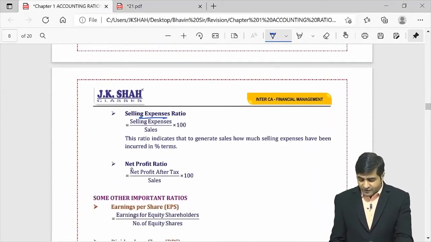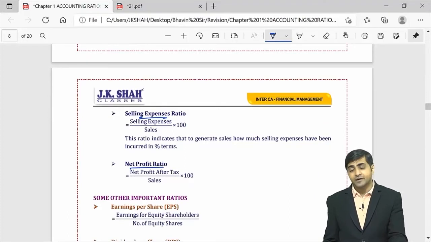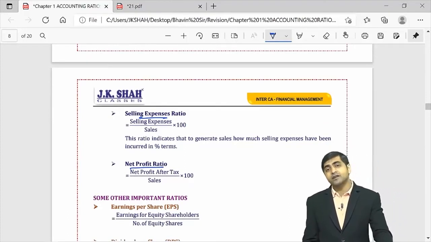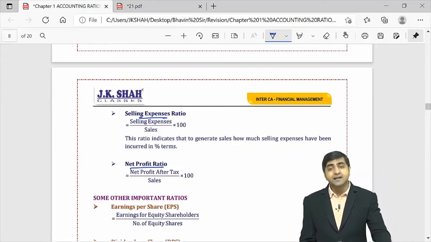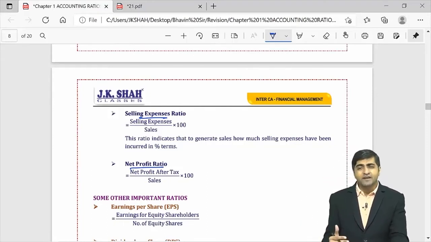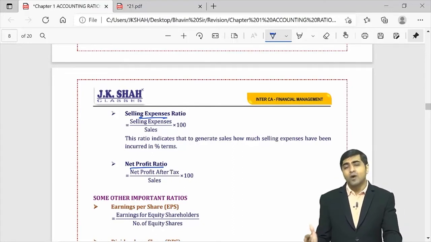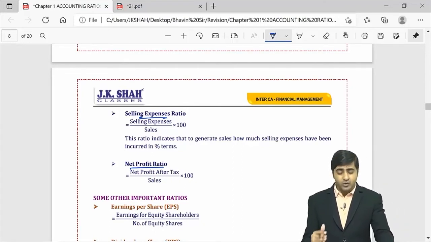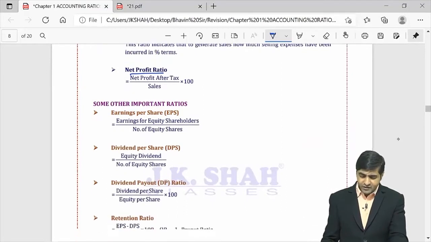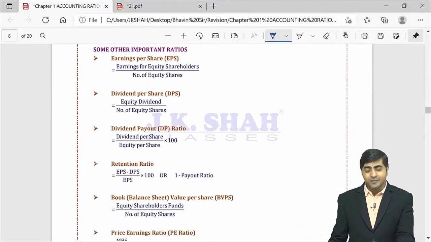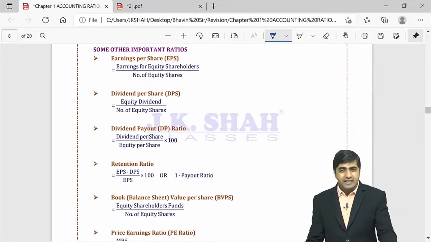Net profit ratio will always have NPAT upon sales into 100. Guys, in the P&L ratios, always remember that we are going to divide everything by sales. Wherever there are profits or returns, it should always be higher the better, whereas the expense ratio should be lower the better.